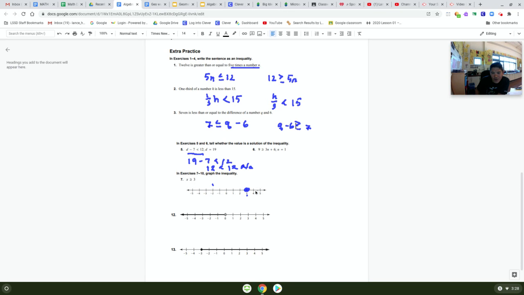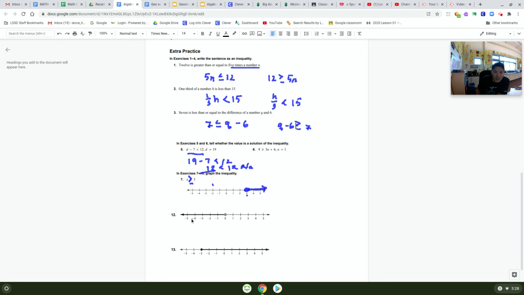All the numbers to the right of 3 are greater than or equal to 3. Or if you remember the little tip from part 1, the variable is on the left here, so the inequality points to the right, which means that's where my arrow goes. The key part there is the arrow for the inequality points to the right.